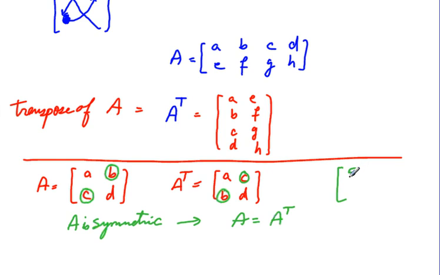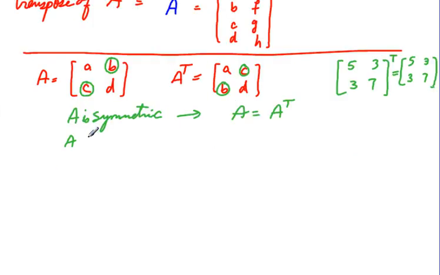Like if I had 5, 3, 3, 7, I can go ahead, exchange rows and columns, but after I do that, I end up with whatever I had. If this 3 comes down here and this 3 goes up there, nothing changes really. So symmetric matrices have the property that they are equal to their own transpose. What do you think happens to a matrix that is skew-symmetric?